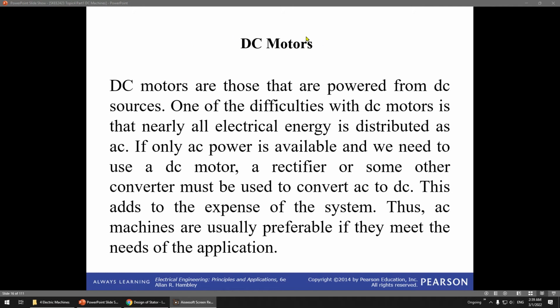So for a DC motor, you have to use DC, but if you have a source of AC, you have to rectify. Rectify means you convert the AC power supply to a DC power supply. So you need to use a rectifier. That's why usually an AC machine is preferable.